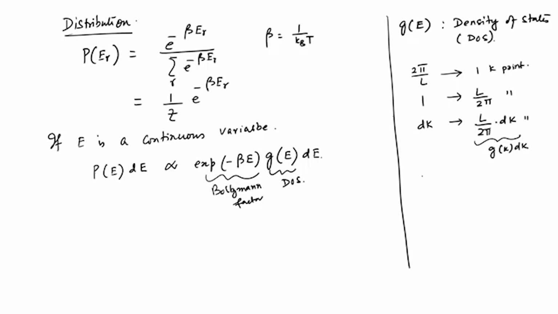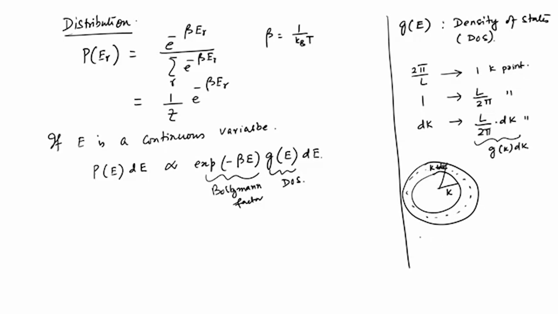Now, this is in 1D. If you want to calculate the number of states in a sphere between radius k and k plus dk, so you want to calculate the number of k points here, then instead of dk, we will multiply by 4 pi k square dk, and this becomes a volume.